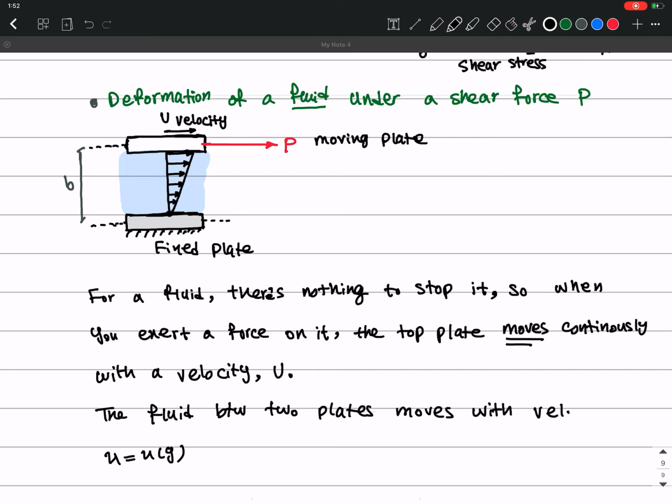As a function of this y, this coordinate system. So if you have y here, this is y, and this is x direction, okay? So it's going to move as a function of y.